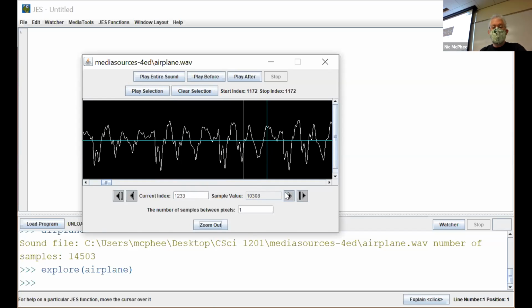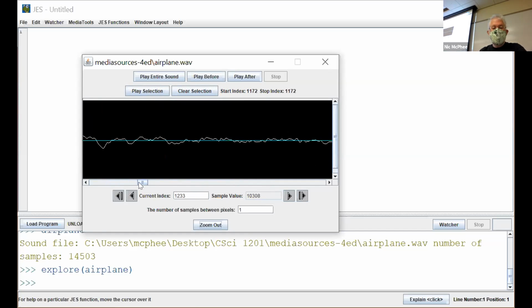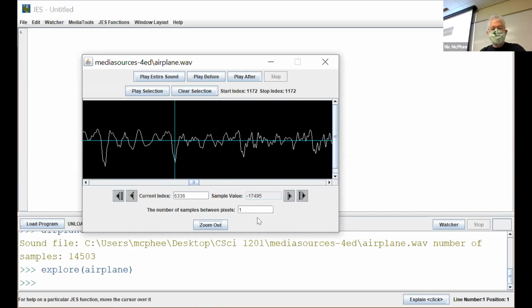So we can look around the sound and see what's going on. This is the quiet part, and we can see that the numbers are 1,106, so they're much, much smaller. Now we get back into where it's noisy. Here we got minus 17,495. Okay?